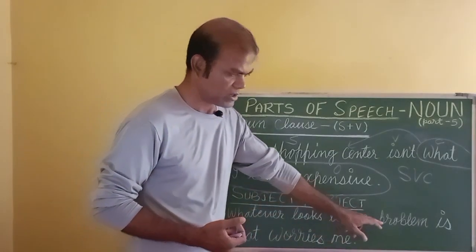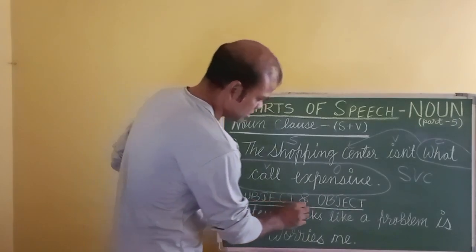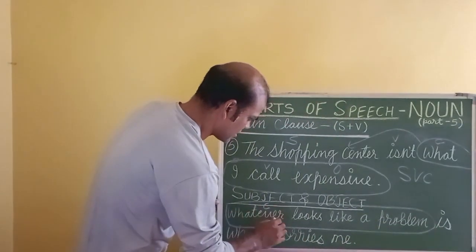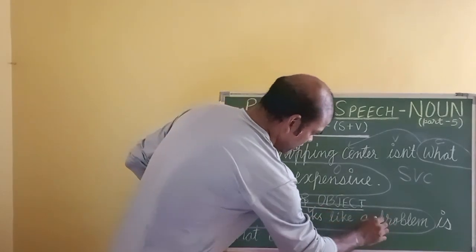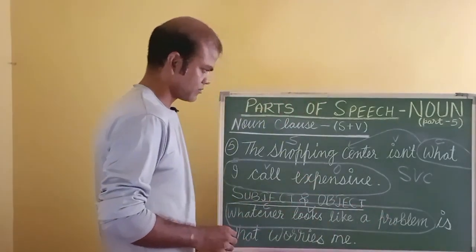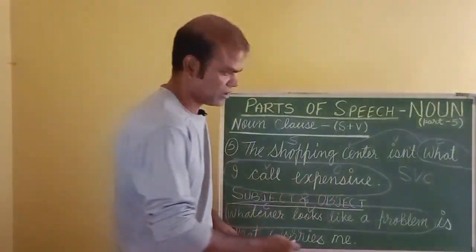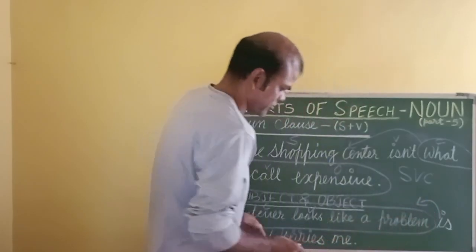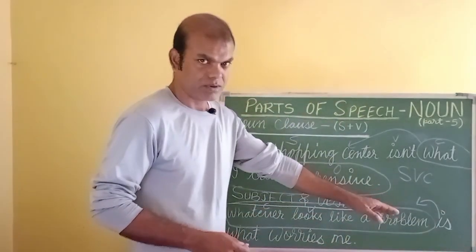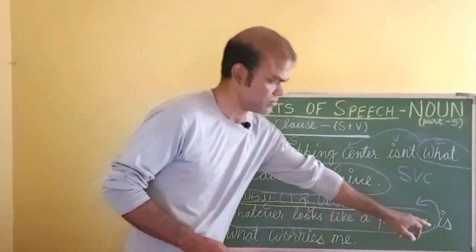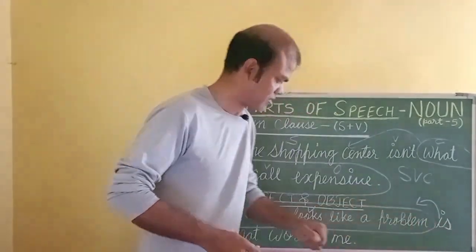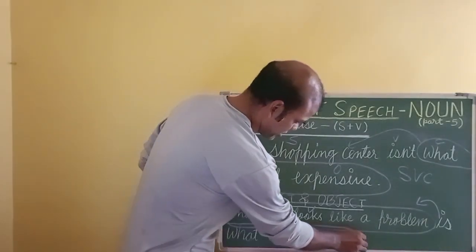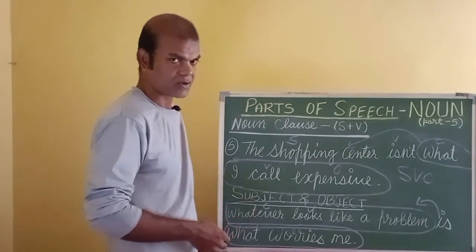Whatever looks like a problem, this is the noun clause, this is the conjunction, verb, and this is the object. Is, we have the verb. Now this verb is for the subject. The verb of this subject is this one, is. Okay, then we have the object. What worries me, this is the object.